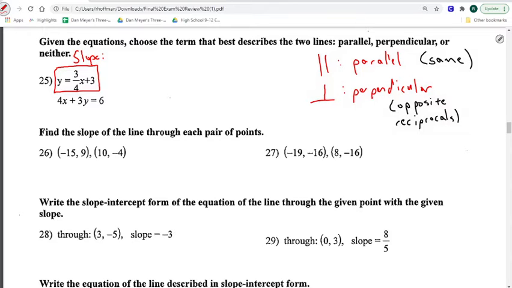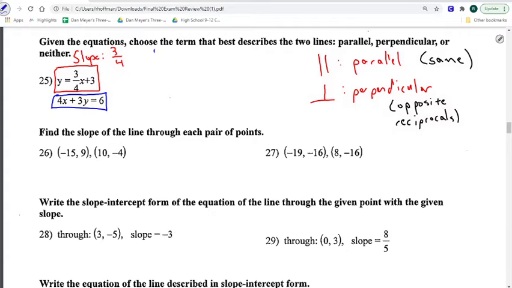It's the number that's attached to the x. That's one of my lines. That's my red line. For my blue line, I'm going to put it in blue. My blue line, I can't tell the slope yet because it is not in slope-intercept form. Or in other words, y is not by itself. So I don't know the slope yet.